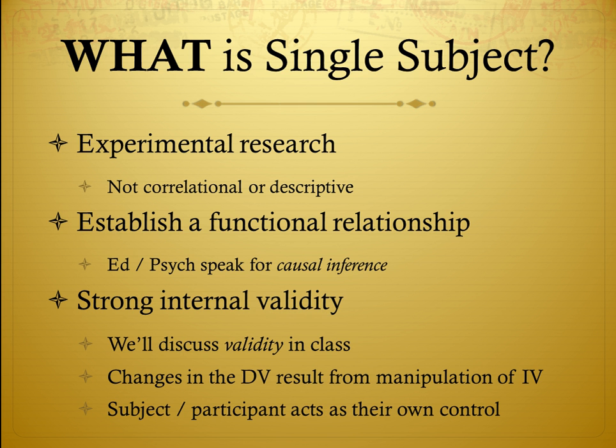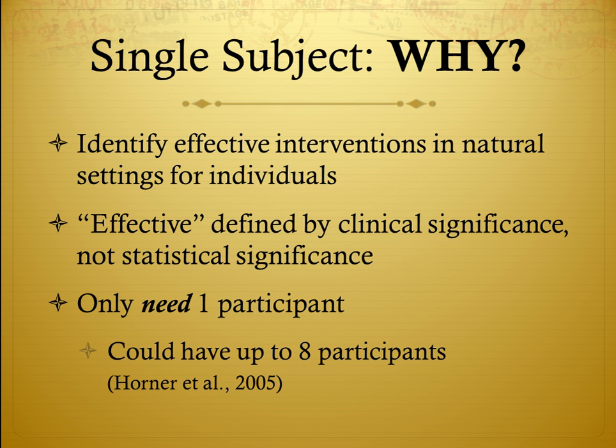The subject serves as their own control. They are not compared to other students or other people, and not even in other classrooms. They're only compared to themselves within that setting. Single subject research is most commonly performed in order to identify effective interventions in natural settings.